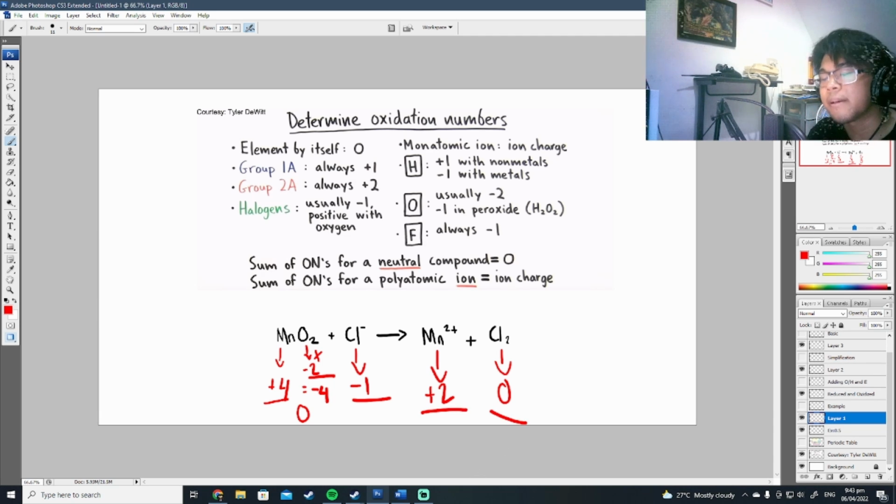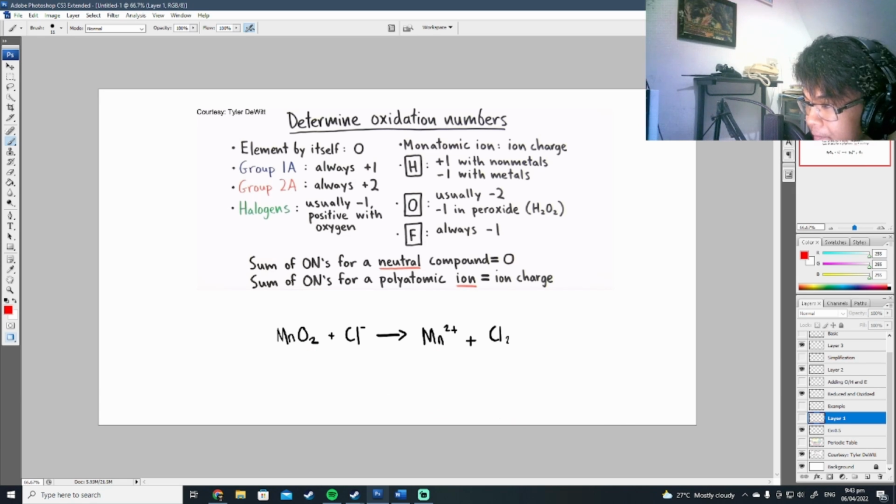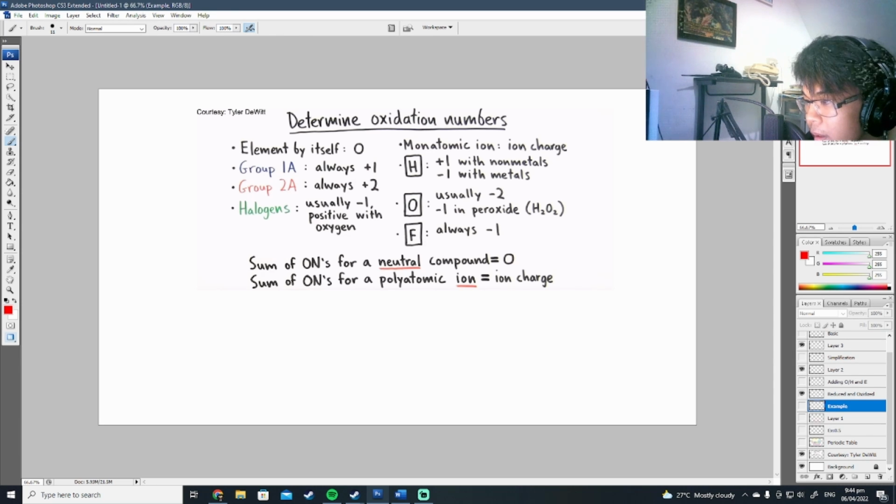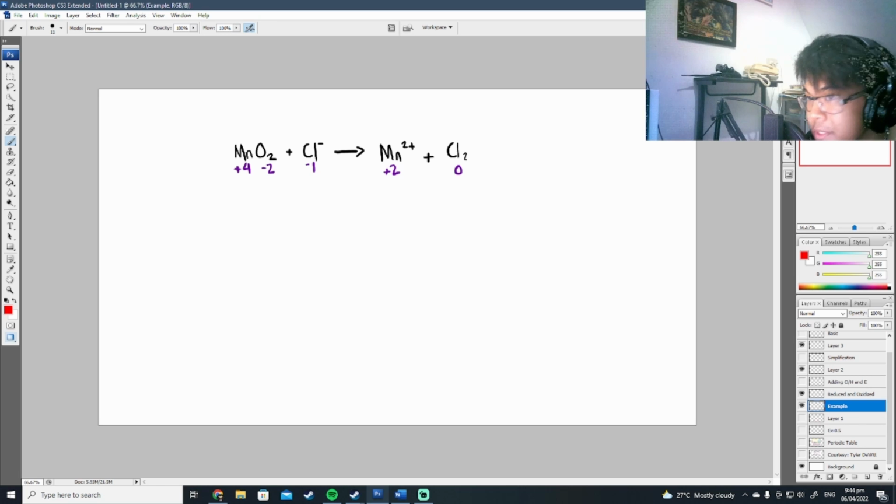The next step is finding which element is being oxidized and which element is being reduced in the equation. So let us move slides. Here we go.